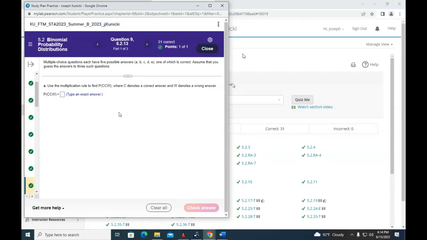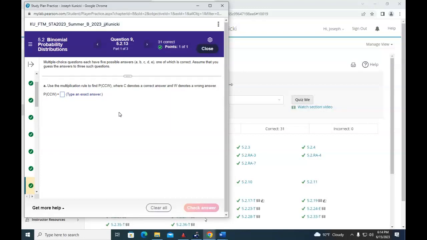Where do you get a 5 cubed? Okay, I'll show you the tree. See, I'm telling you, if you draw tree diagrams, you're ahead of the game. Correct, wrong, and so on down the branches. So we have CCW, the branch we're looking at is right here.